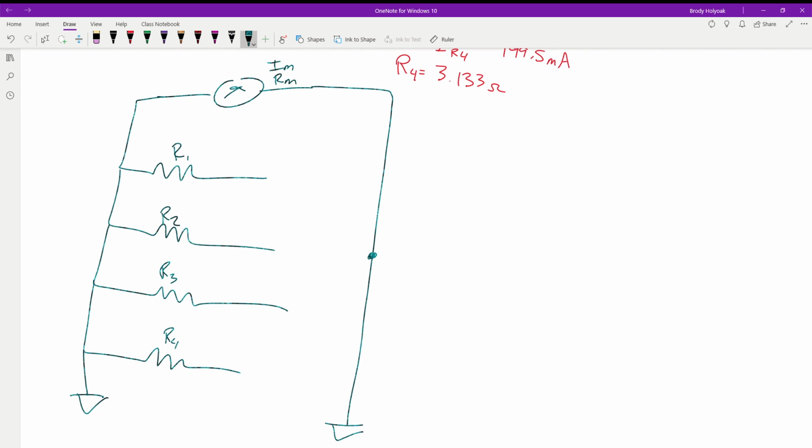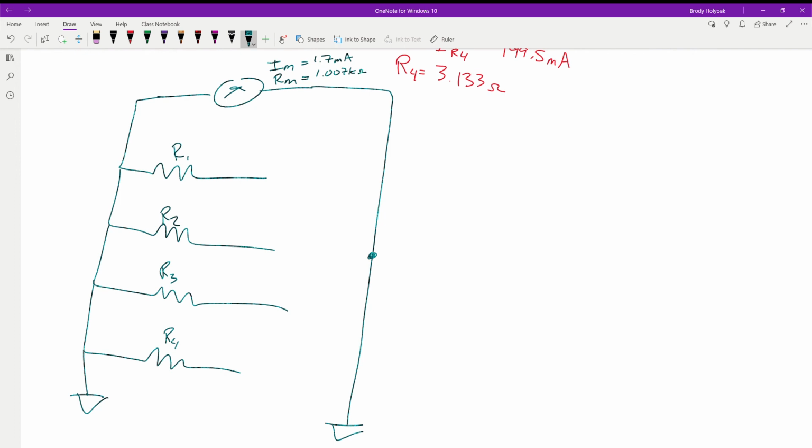Okay, let me grab some numbers. My I meter, 1.7 milliamps. My R meter is 1.007 kiloohms.